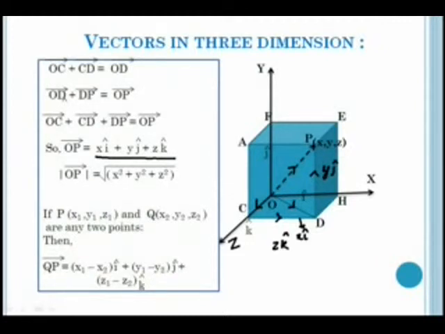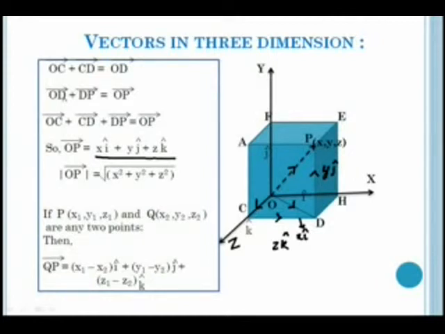Now if we want to find out the magnitude of this vector OP, then this is equal to the square root of x squared plus y squared plus z squared. It is very much similar to the vectors in 2 dimensions, the only difference is we have added another axis, which is the z-axis, and so any vector is represented as a linear combination of 3 unit vectors.